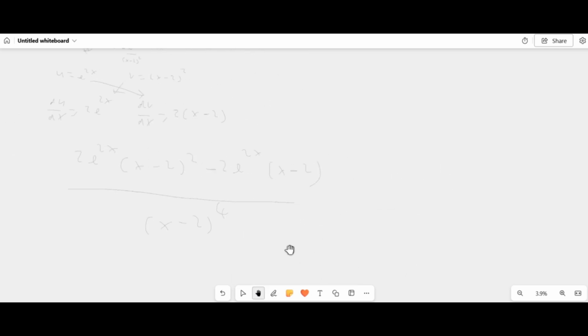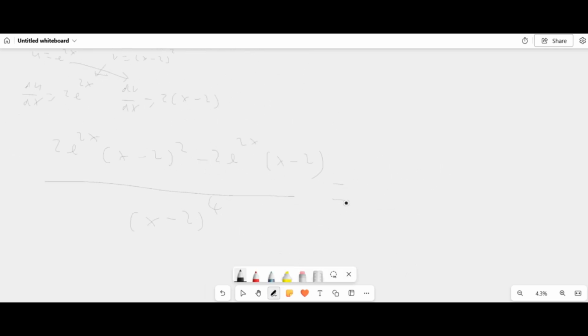And now obviously we need to do the classic, which is to take out the common factor, which is x minus 2. So take out 2e to the power 2x as well. So 2e to the power 2x here, open bracket x minus 2, and then another bracket. Here we just got one x minus 2 left because it was x minus 2 squared and we took out x minus 2, so that's going to be x minus 2. And then here we just got to take away 1, yeah, because we took out the whole thing. So take away 1 over x minus 2 power 4, yeah.